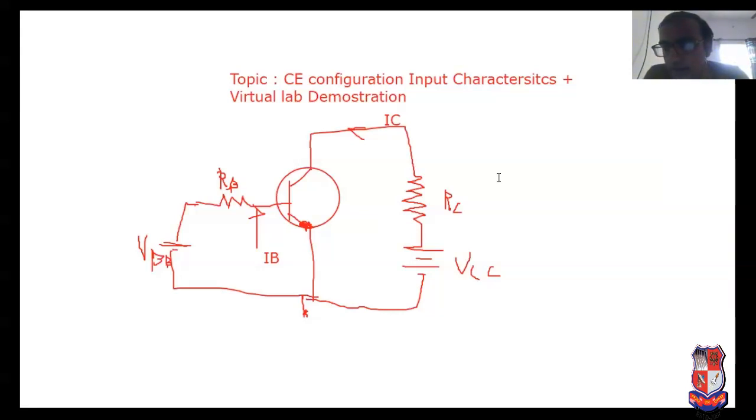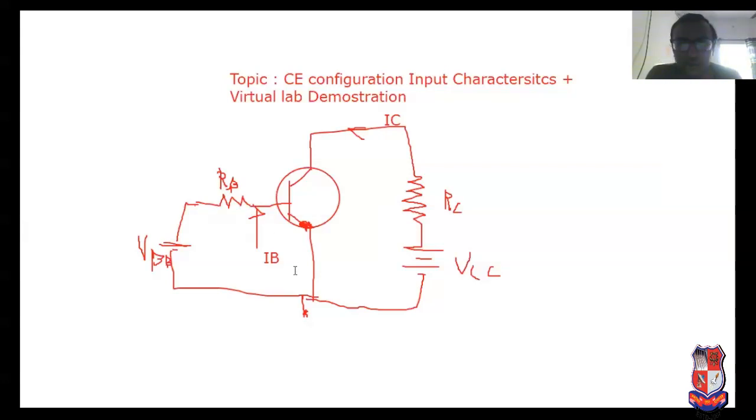Input characteristics means what? Make output equal to constant, or we can say collector current equal to constant. Based on output equal to constant, we can measure the input characteristics.